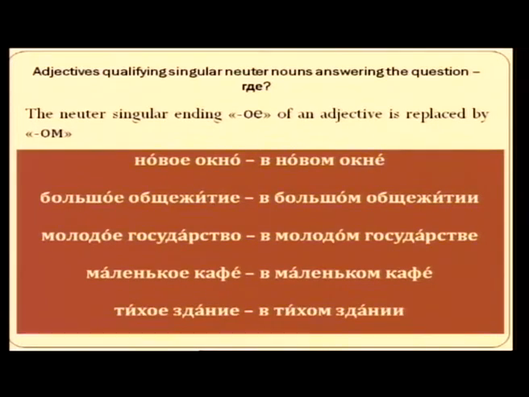Новое changes into новом. Большое общежитие changes into в большом общежитии. Here большое changes into большом. Likewise, молодое changes into молодом, маленькое changes into маленьком, and тихое changes into тихом.